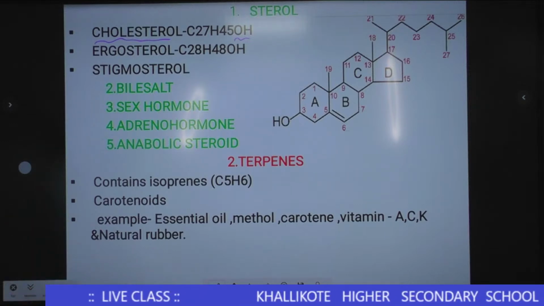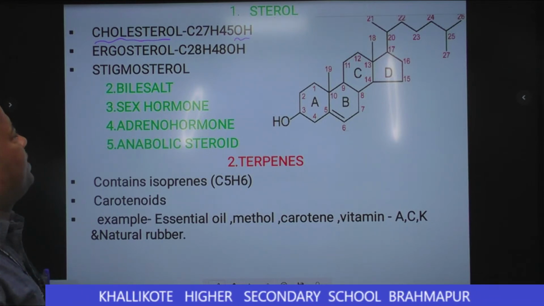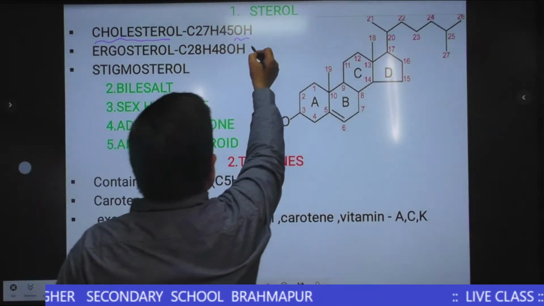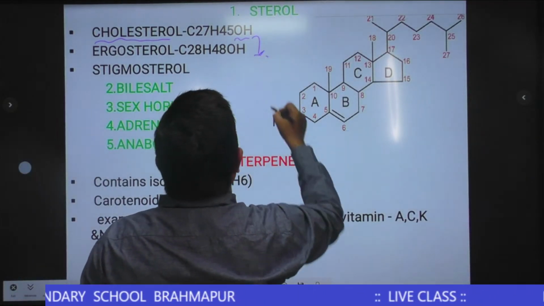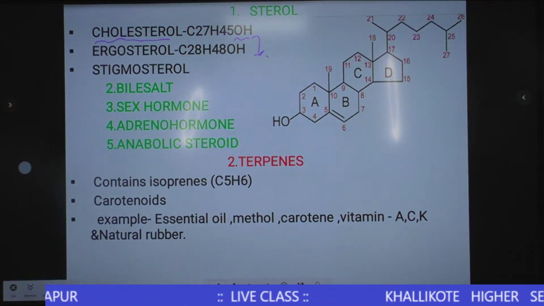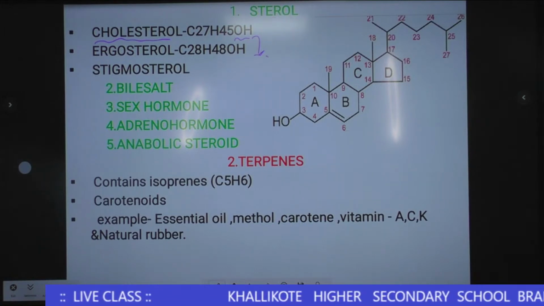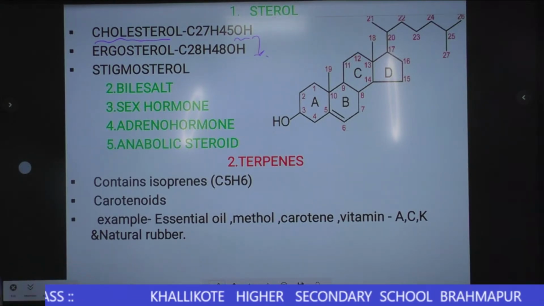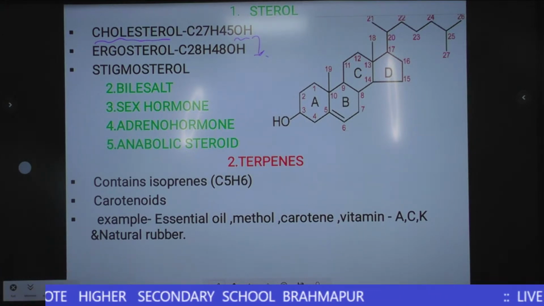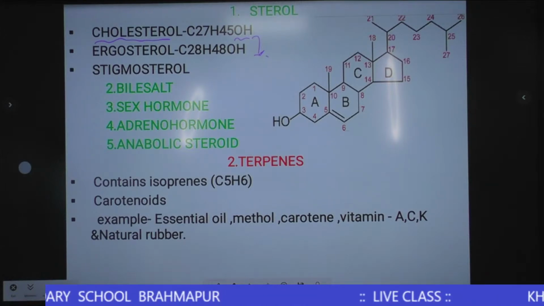Cholesterol is specially found in animal cell membranes. It is also present in our adipose tissue in the form of globules. It functions as a thermo-insulator, a thermo-insulating substance in our body.